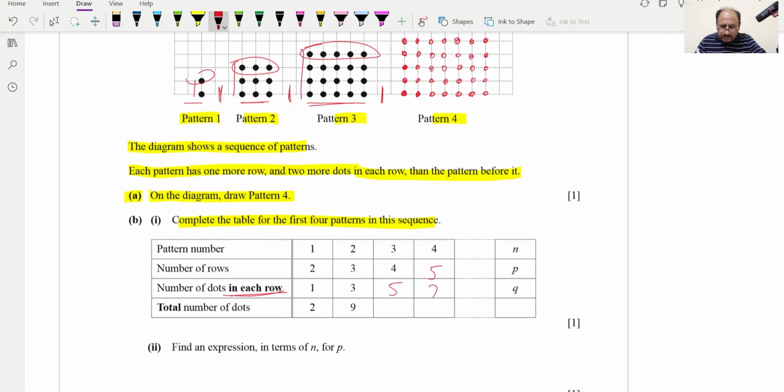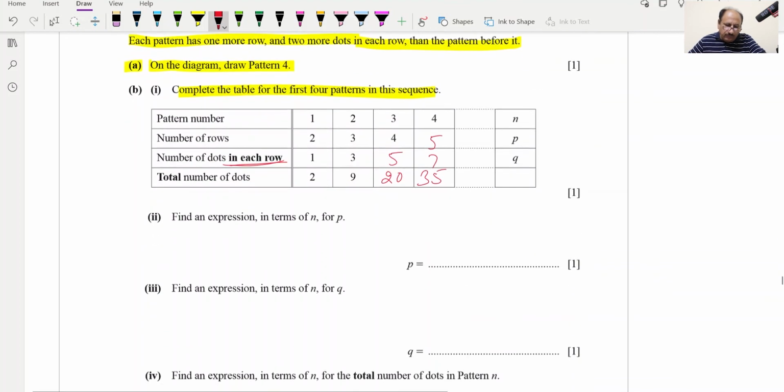Next, total number of dots. First one has 2, second one 9, and third one we can count 4 into 5 will be 20. So 7 into 5 will be 35. So we can write like this.